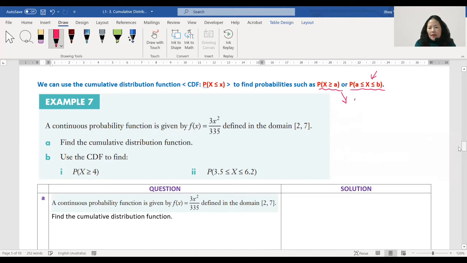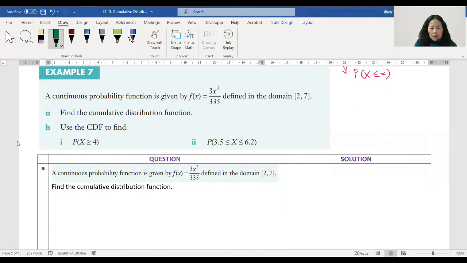Remember, CDF gives us X less than or equal to little x, from A to there. But if it was the other part, what do we have to do? That's what it means. So find the cumulative distribution function.